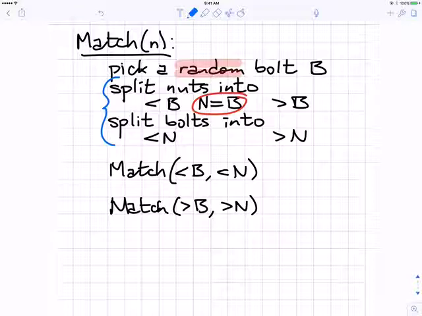Well, I could cut that down a little bit, because I've chosen a random bolt, there is some small probability that the last nut that I would compare B to is the one that actually matches, and I don't really have to do that match, so I can shave off. Okay, fine.